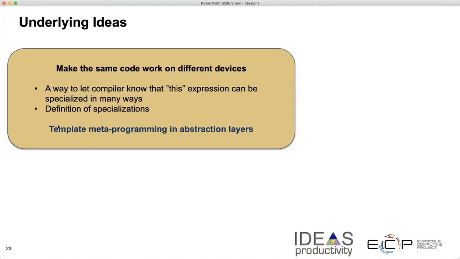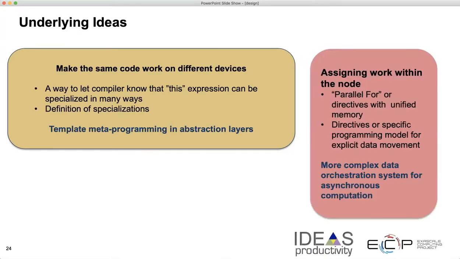So in the C++ tools, it's the metaprogramming in abstraction layers that lets the compiler know that the expression can be specialized in many ways, and then there is the corresponding definition of specializations. Then there is assignment of work within the node. Many of these have parallel for or directives with unified memory, or directives or specific programming model for explicit data movement.